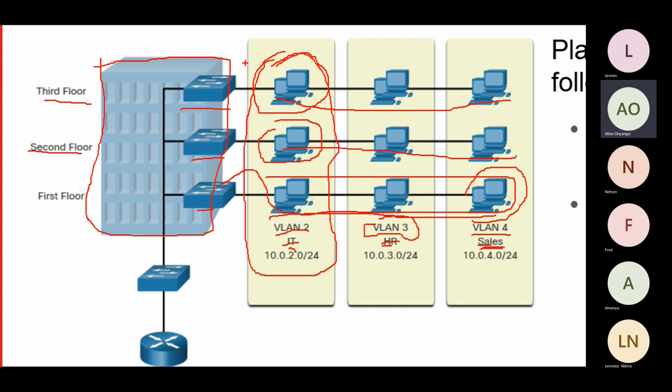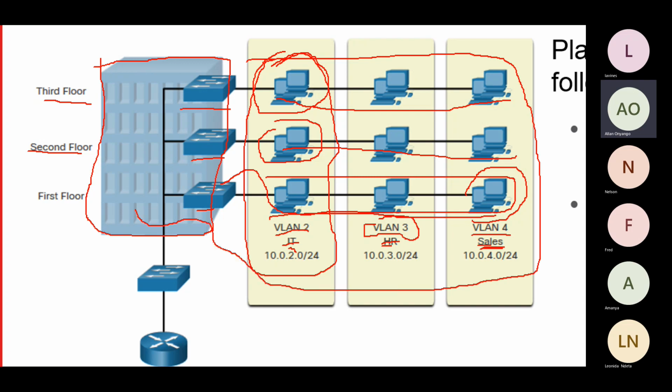So I'm introducing a very important concept here, which I need you to understand. So why do we create VLANs? When we create a VLAN, regardless of which floor, so long as the switches are connected to each other, only PCs on the same VLAN will always hear the message.